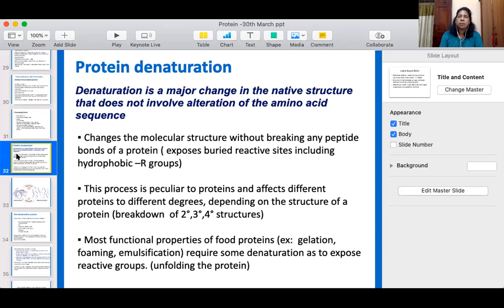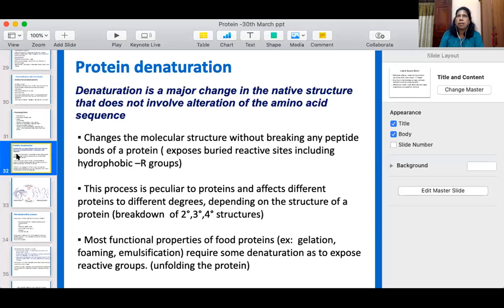What we do is expose the buried sites. Think about the making of the globular protein or the tertiary protein. Have you noticed that the hydrophobic ones get together and the hydrophilic ones are on the surface? Therefore, we expose those buried reactive sites, including hydrophobic R groups, right?